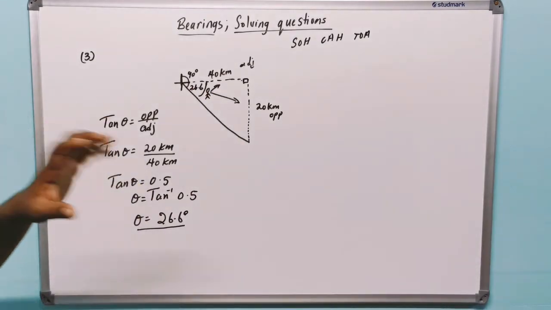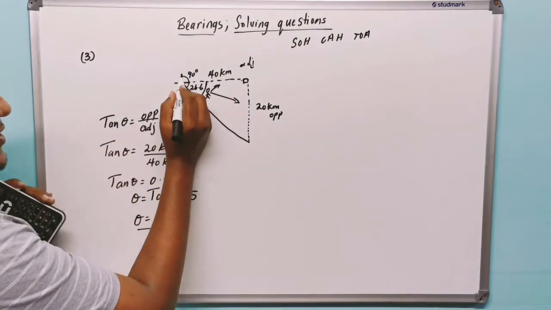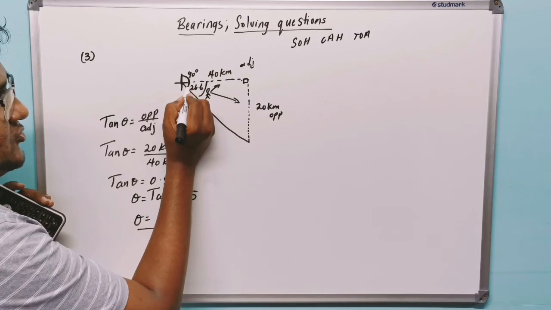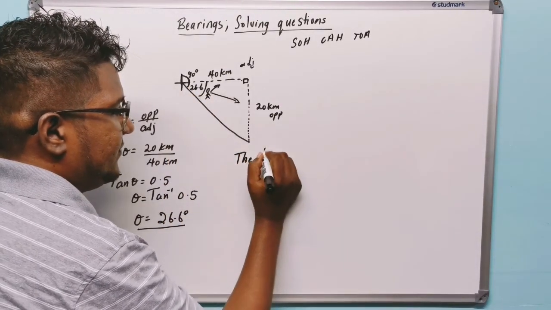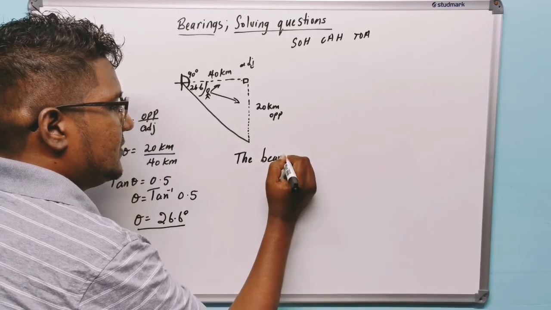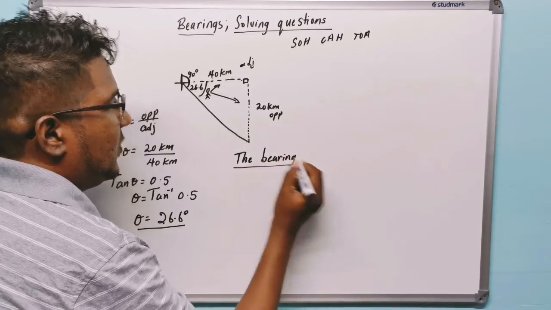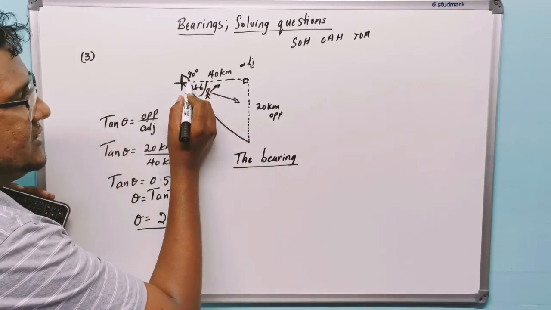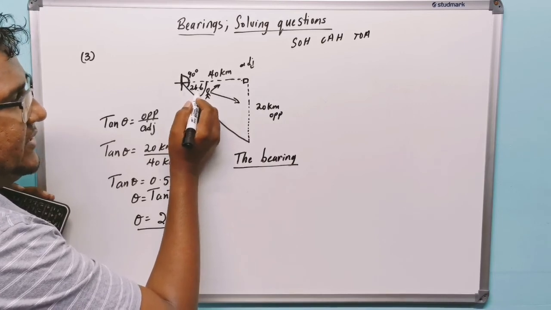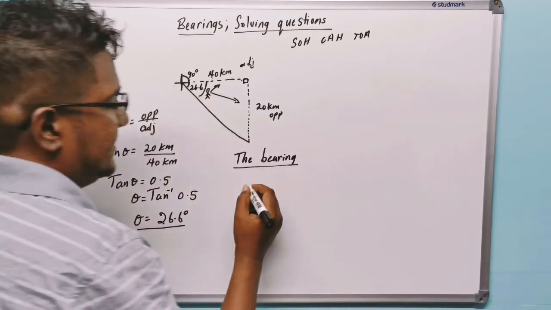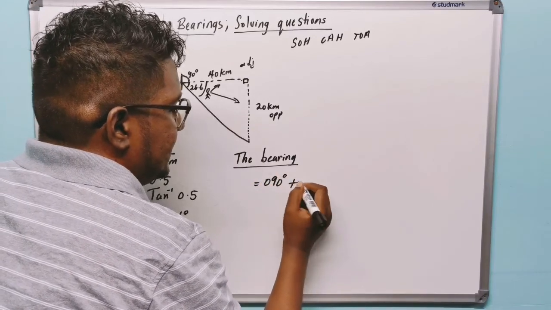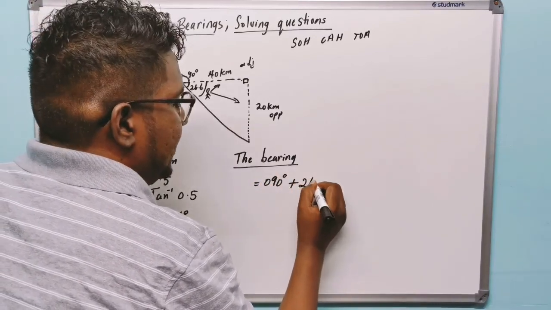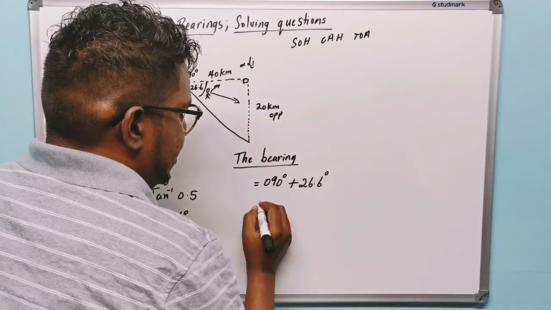They want to know the bearing. So the bearing would be from all the way up north, come straight to this bearing line. So to find the bearing, we would have to add this 90 degrees that we know with this 26.6 degrees. So the bearing is going to be equal to 90 degrees plus 26.6 degrees.